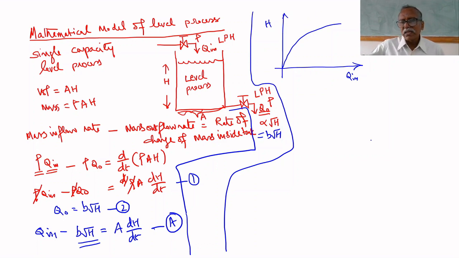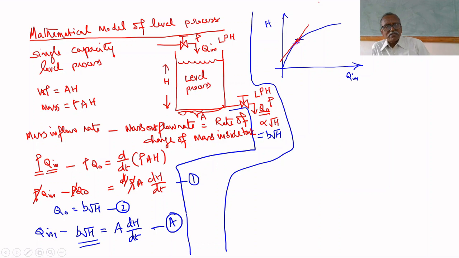But for any non-linear curve, if you consider a small segment of this graph, it appears linear. If you draw a tangent to this, it will be like this, covering that small section. So if you talk only about that region, you can consider the tangent as the mathematical model.